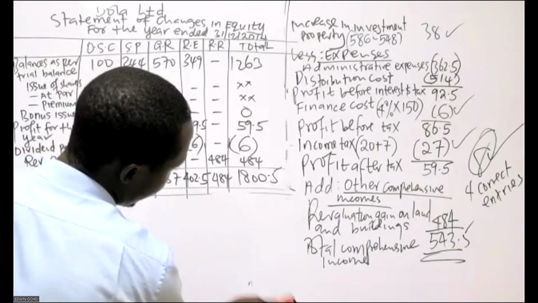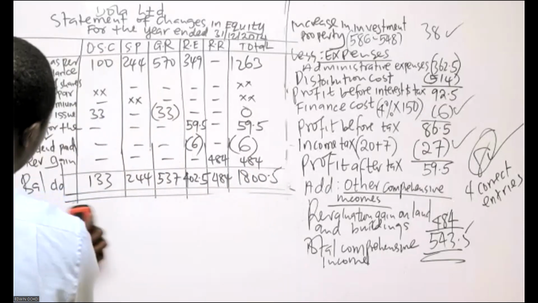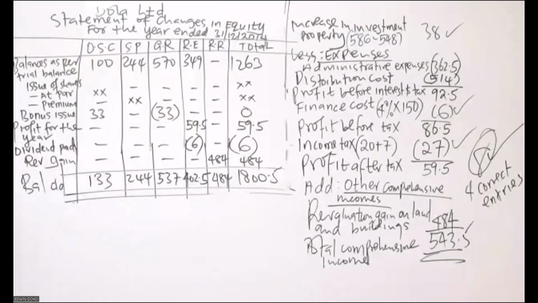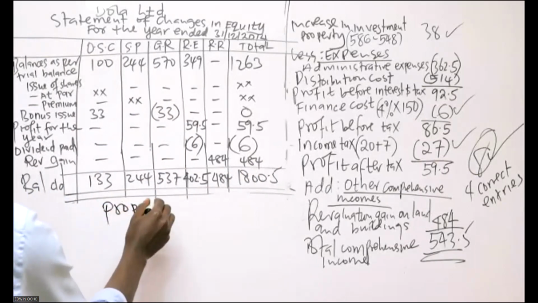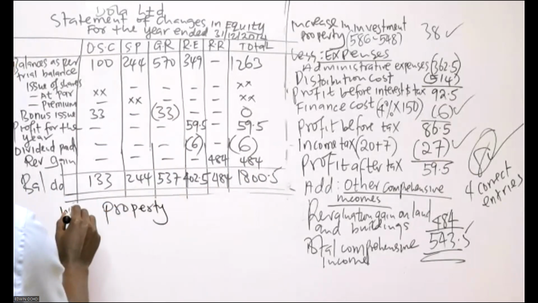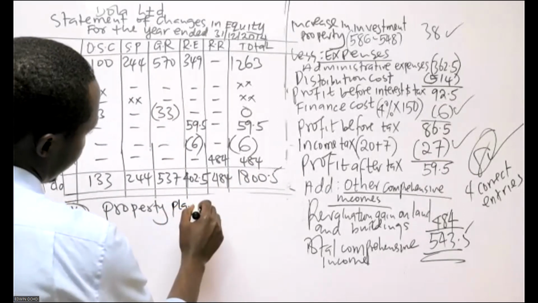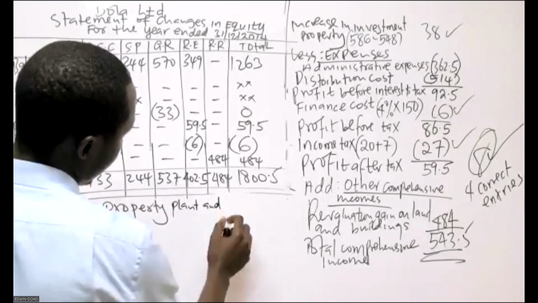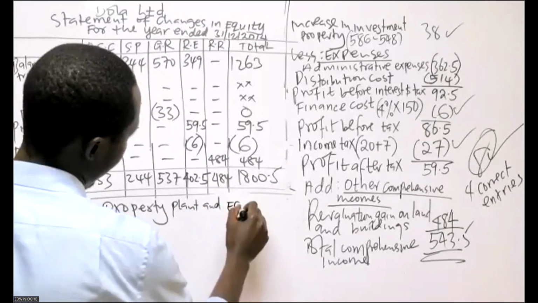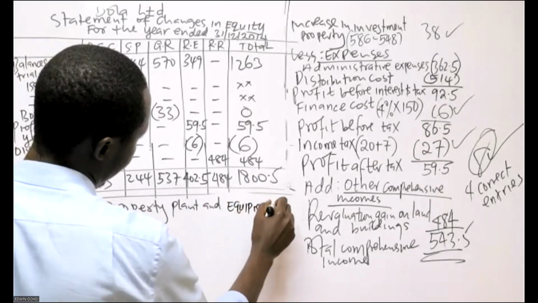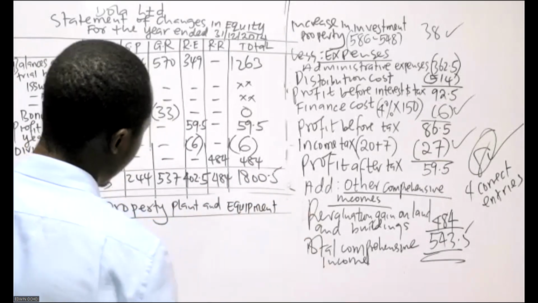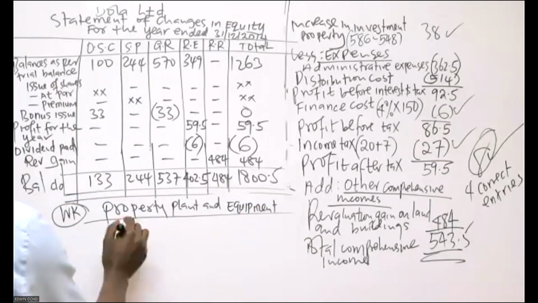We go to the statement of financial position. But for us to do the statement of financial position, we have to do the property, plant, and equipment working. So there was land and buildings.